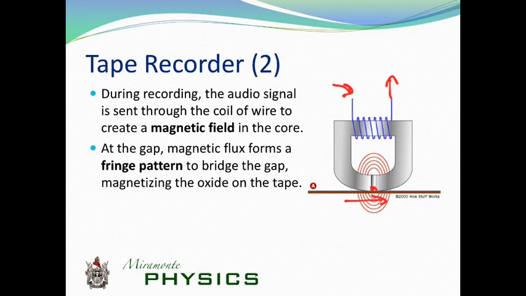The electromagnet down here would sense the magnetic field changes, so it would cause this change of magnetic field to go this way, and then that way, and so forth, the way it was recorded sinusoidally, and then that same magnetic field would be carried to this coil, which would then be sent to an amplifier that would amplify that signal strength, and then play it through a set of speakers. So that's the idea of a little cassette tape recorder.